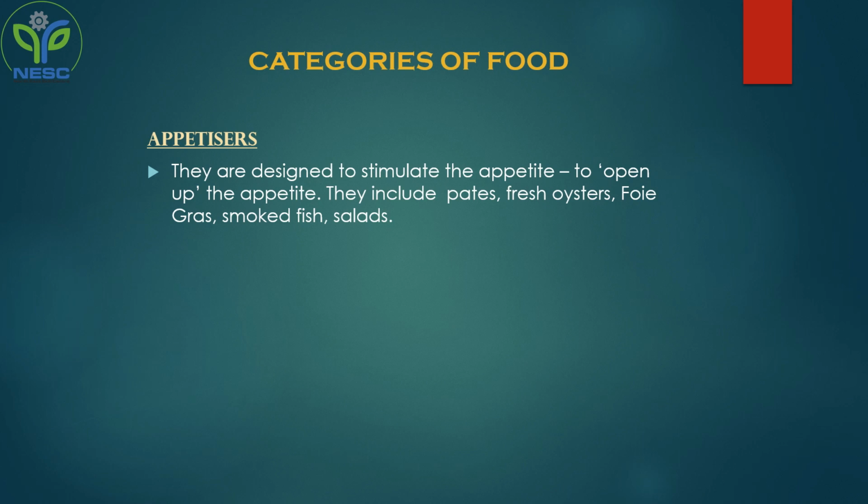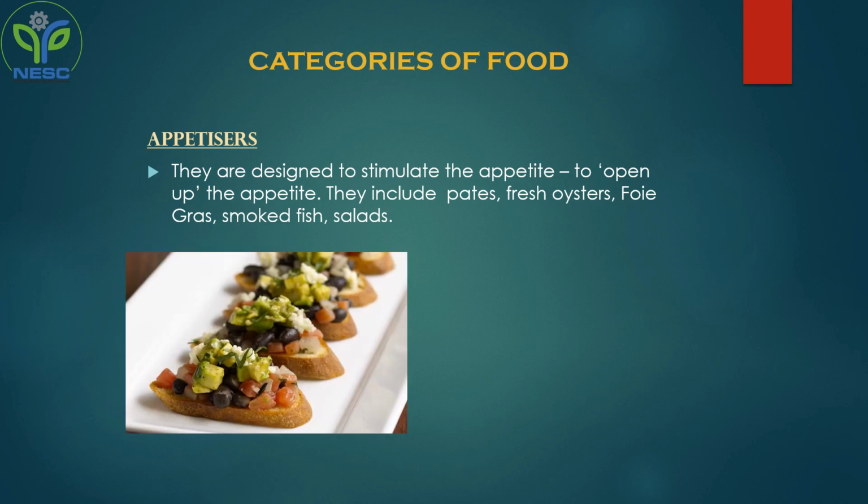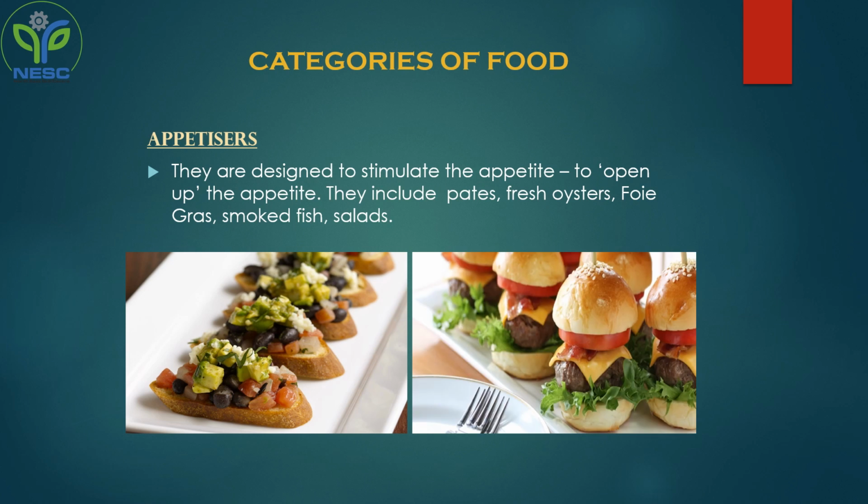They include pate, which is a dish made from a mixture of meat and vegetables, fresh oysters, which is again a kind of seafood, foie gras, again a specialty food made of the liver of a duck, smoked fish, salads, etc. Some examples of Indian appetizers are samosa, pakora, kebab, tikka, etc. So these are the two pictures of various appetizers.